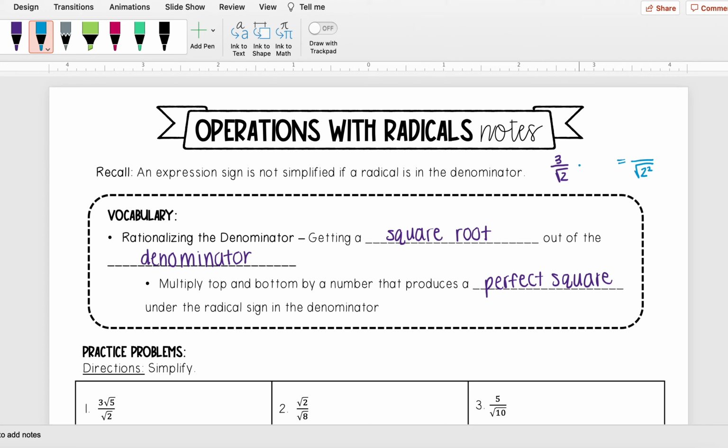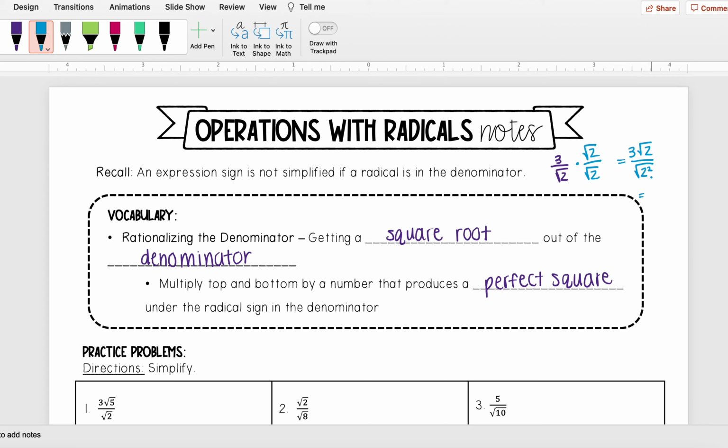To do that, all I need to do is multiply top and bottom by the square root of 2. So I have 3 square root of 2 on top, and then square root of 2 times square root of 2. Well, 2 times 2, that's just the same thing as 2 squared.